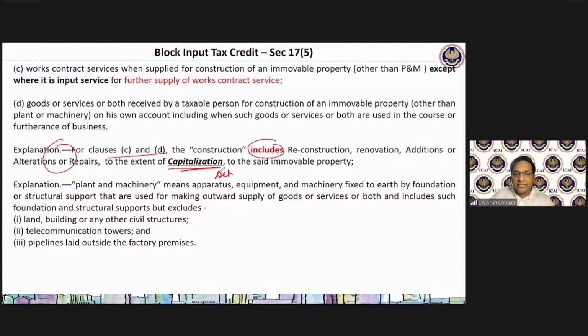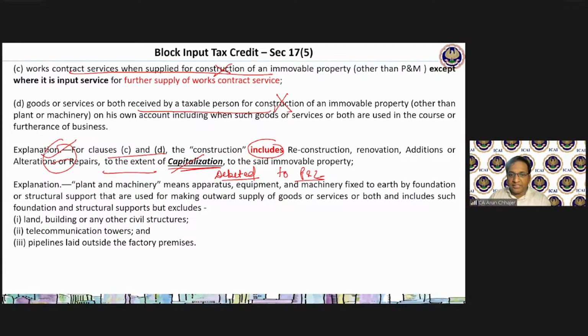If it is debited to the profit and loss account, it means it is not the capitalization. If it is not the capitalization, it means it is not the construction. And if it is not the construction, ITC is not allowed. Construction means capitalization. It is not the construction as per the meaning of explanation. Correct?